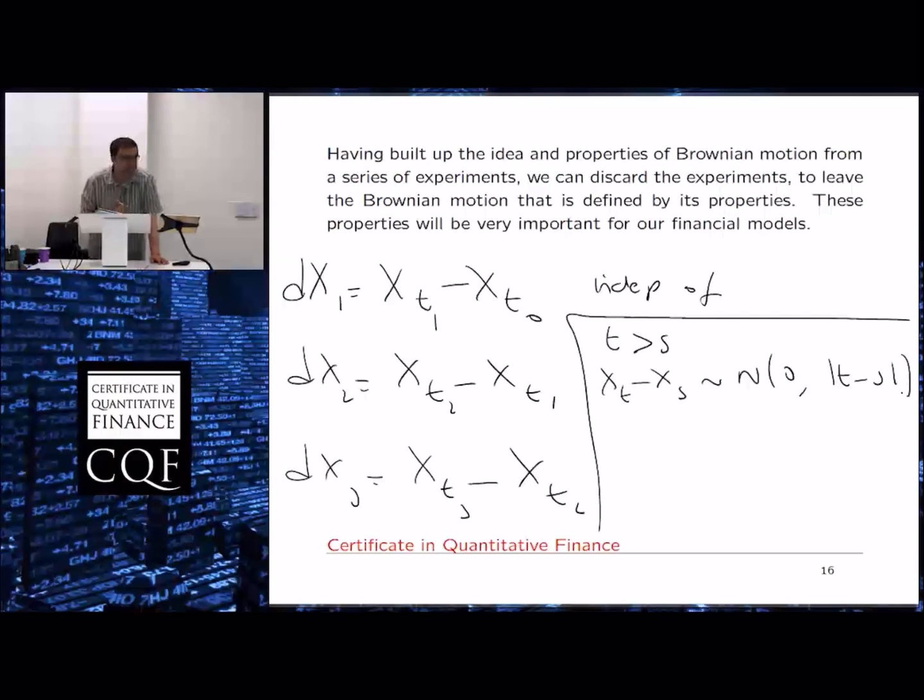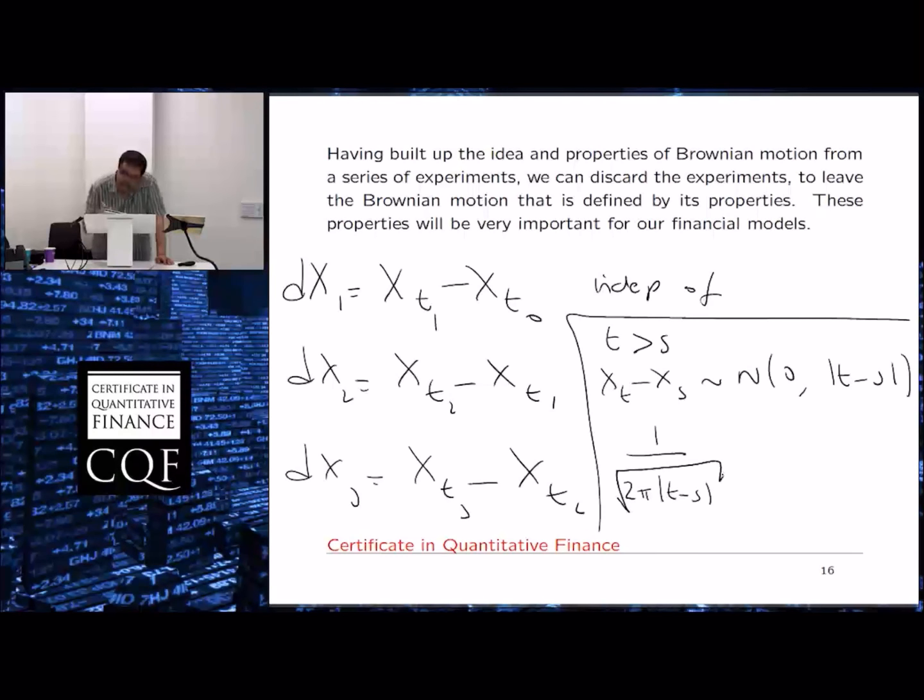So the PDF for this we can write down as 1 over root 2 pi (t minus s), remember the standard deviation, e to the minus, and over here we can write down whatever this is. Let me call that increment x. So I can write this down as x squared over 2(t minus s).